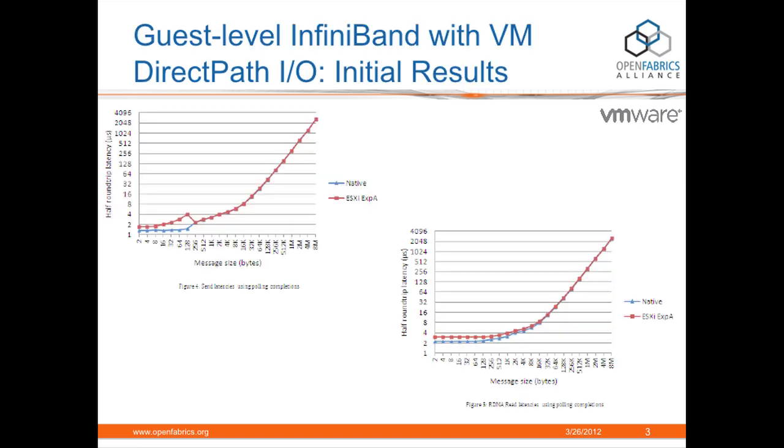On the left-hand side you see send latencies. Ours is the higher graph. On send, we have as low as 1.75 microseconds, which is about a 0.4 microsecond overhead. On the right-hand side, we have RDMA read, where we're at about 3 microseconds, which is an overhead of about 0.7 microseconds from native.